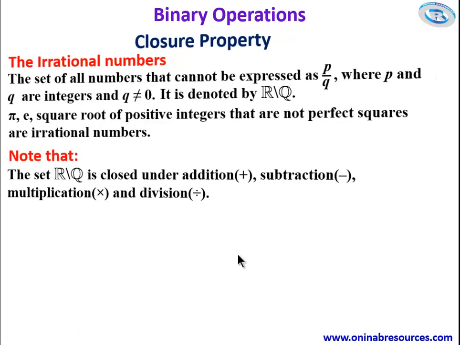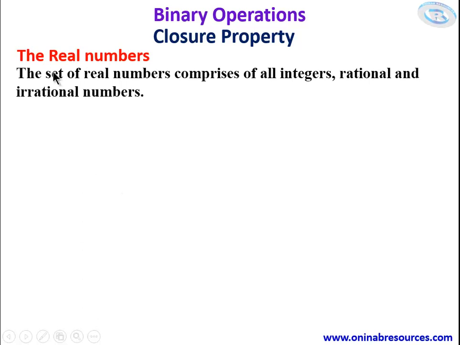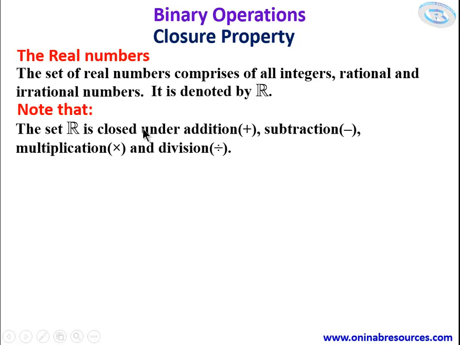Then we now go to the next set of numbers, and that will give us the real numbers. The set of all real numbers comprises all integers, rational and irrational numbers. It is denoted by R, and we should note that the set R is closed under addition, subtraction, multiplication, and division.